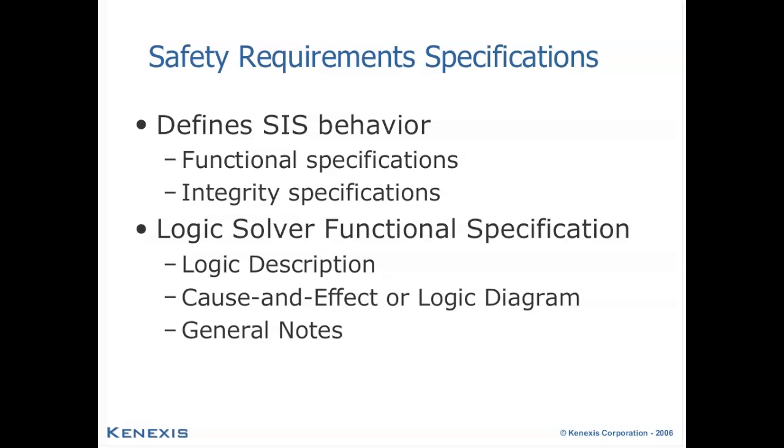That is described in terms of a logic solver functional specification, which could be a narrative, a cause and effect logic diagram, or binary logic diagrams, as well as a series of general notes that meet all the specific SRS requirements of the standard to describe the behavior of the system when responding to fault conditions, how often it needs to be tested, and the failure modes and the effects of those failures on the system.